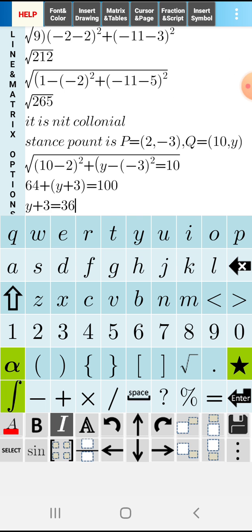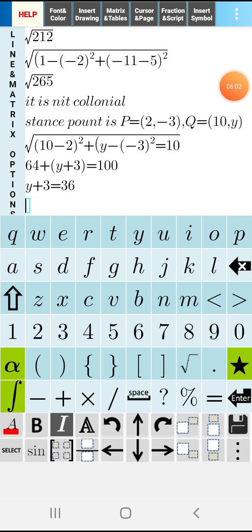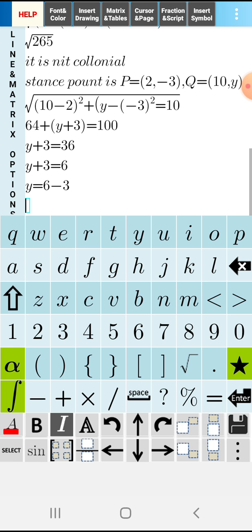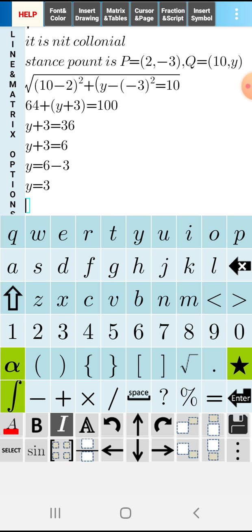Taking the square root, y plus 3 is equal to 6, because 6 squared is 36. Then y is equal to 6 minus 3, so therefore y is equal to 3. Like this you have to solve the problem.